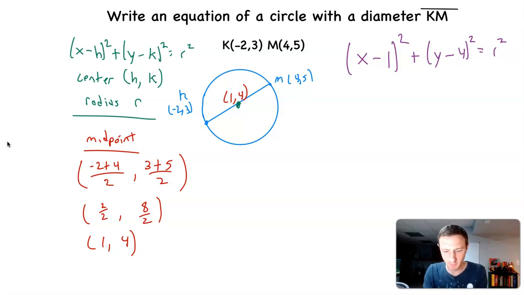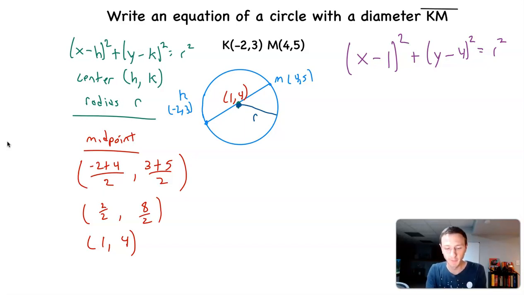The radius is the distance from the center of the circle to the edge. This is a radius. So what I can do is find the distance between the center that we just calculated and the edge, either from the center to M or center to K, it doesn't matter. Both are going to be the exact same distance.